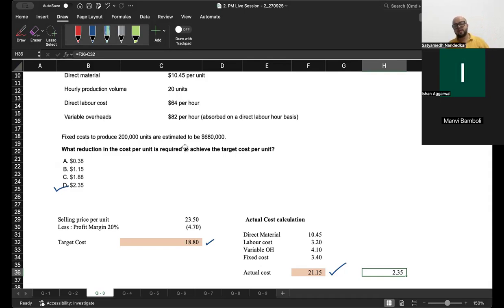And variable overheads is 82 per hour. So the time taken by direct labor will be used as the basis for calculating variable overheads. That is what we mean by absorbed on a direct labor hour basis.